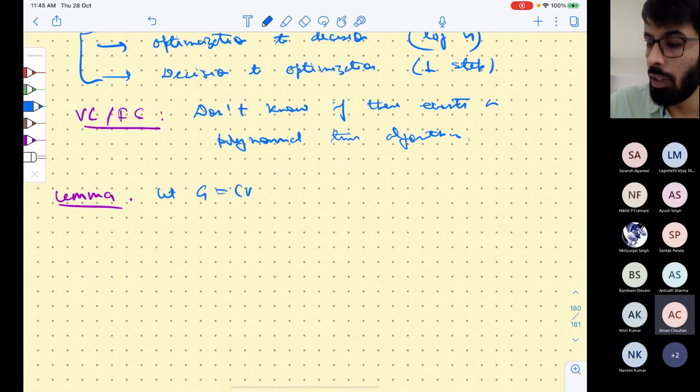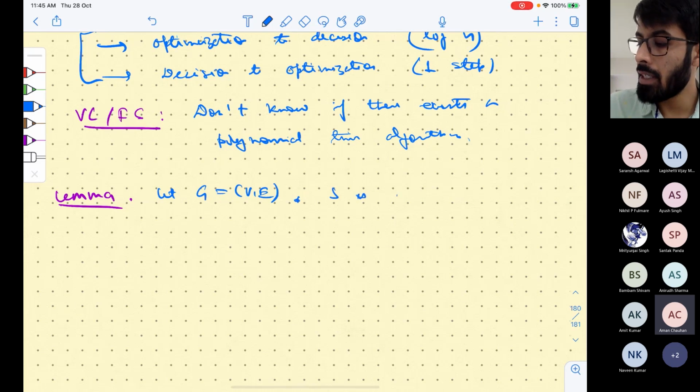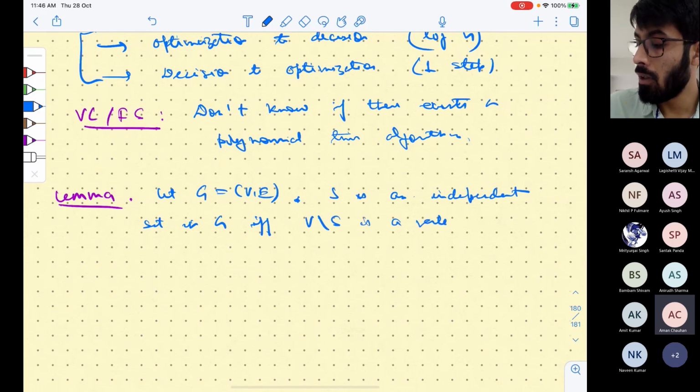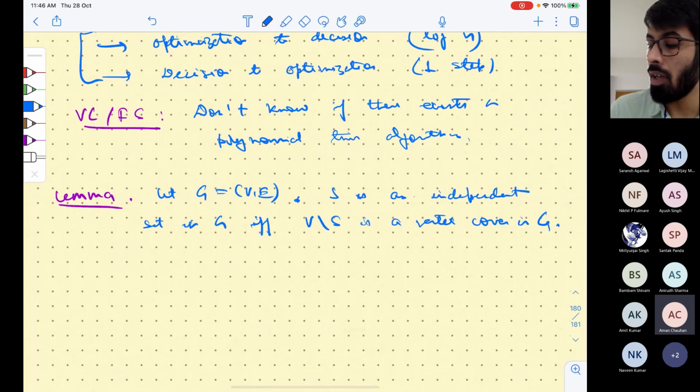Let G equal (V, E). S is an independent set in G if and only if V minus S is a vertex cover in G. Right? So these problems are very intimately related.